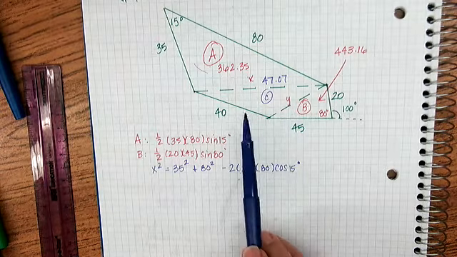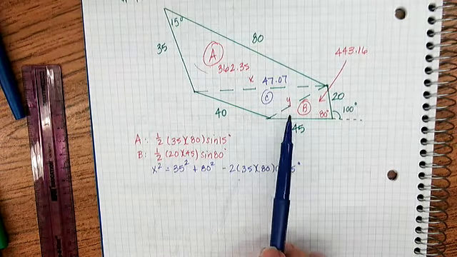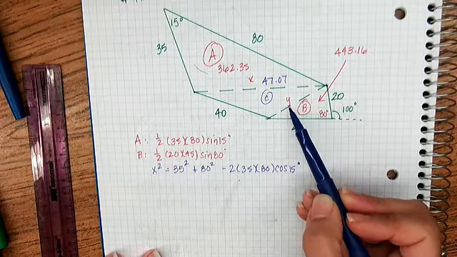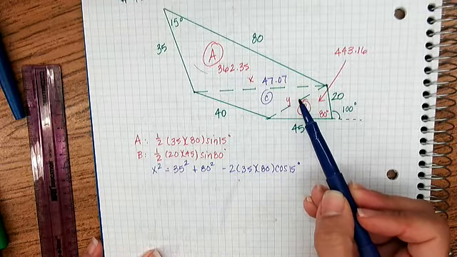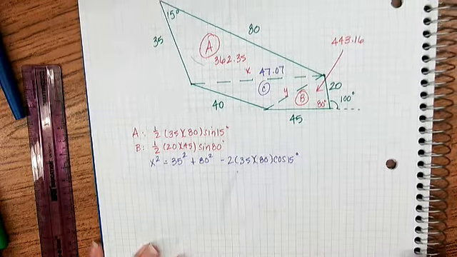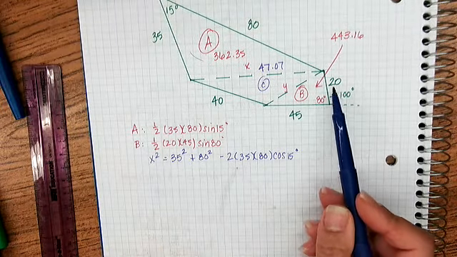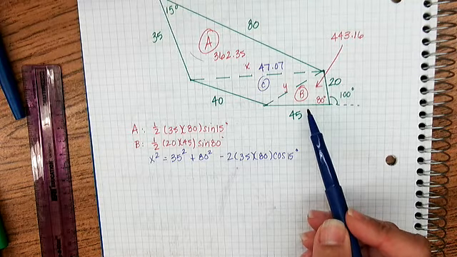So I need to find Y. And to find Y, right here, so I can use Heron's formula for section C. Again, side angle side.